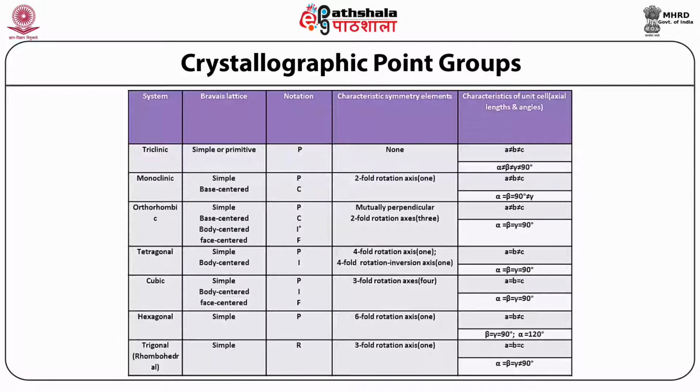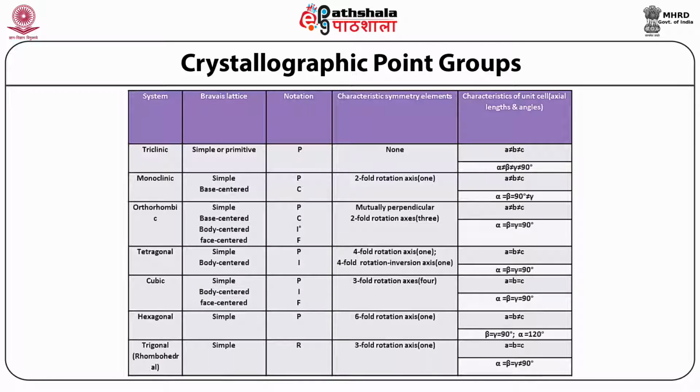The next system is the monoclinic system. Its Bravais lattices are 2, simple and base-centered. The simple Bravais lattice has the notation capital P, whereas the base-centered has the notation capital C. The characteristic symmetry element is one 2-fold rotation axis.